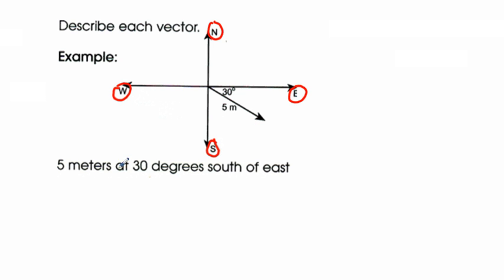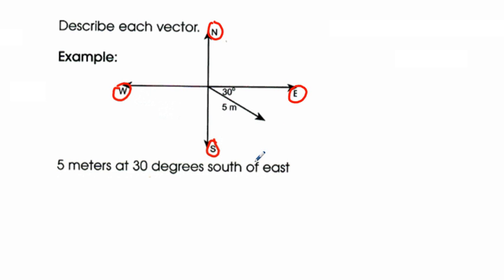So what you have, it says the answer to this drawing, and you have this 5-meter vector over here, just down from the right, down from east, and it's 5 meters, so that's where the 5 meters comes from, at 30 degrees, and it's south of east, so it's toward south but of east.